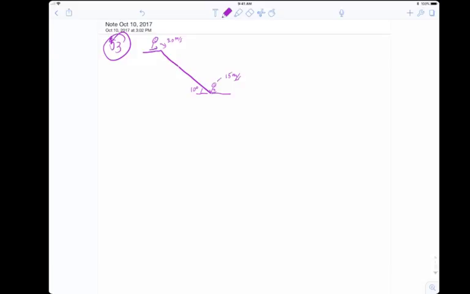So, now what? The deal here is that all slope questions are, more or less, one-dimensional. So let's draw our axes here.